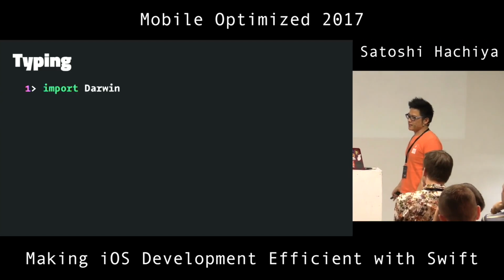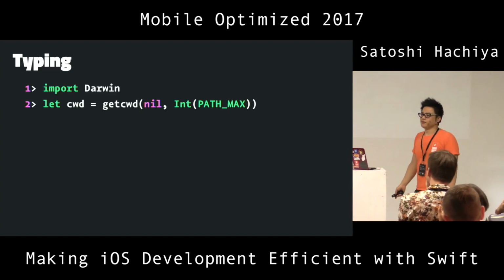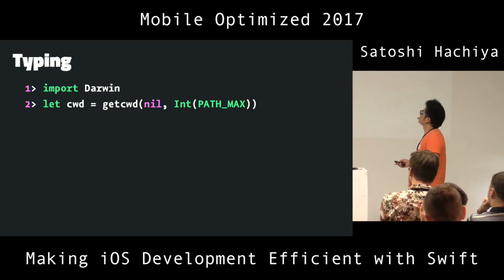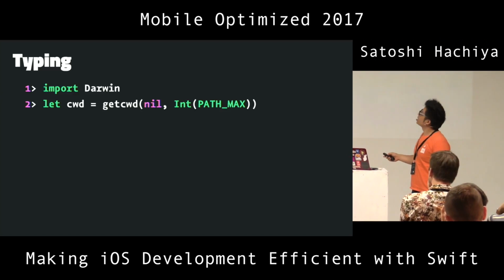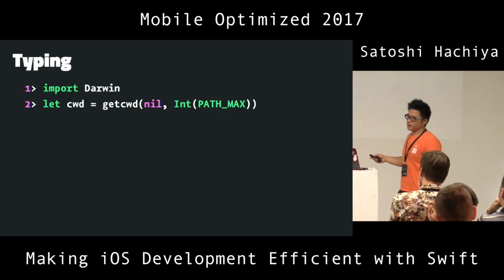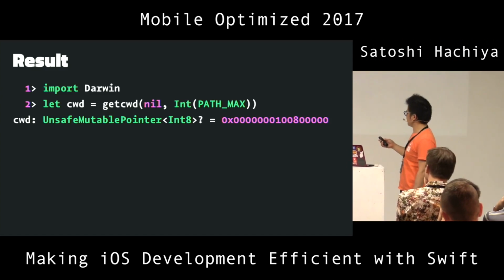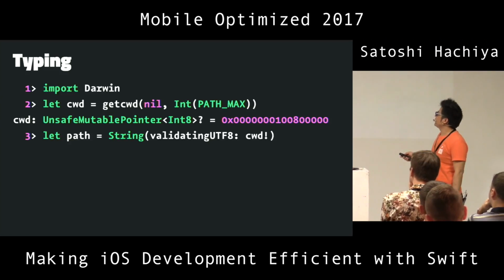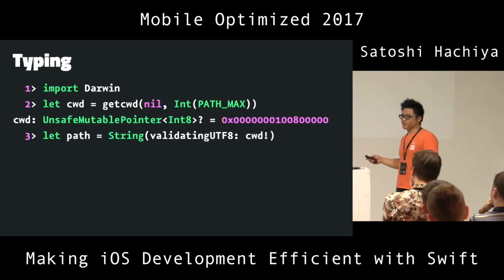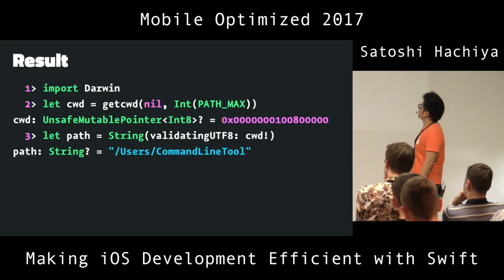The second example is importing a module with the REPL. First, typing import, we can import a module with the REPL. This example is importing Foundation. In line number 2, I use getcwd to get the current working directory path.